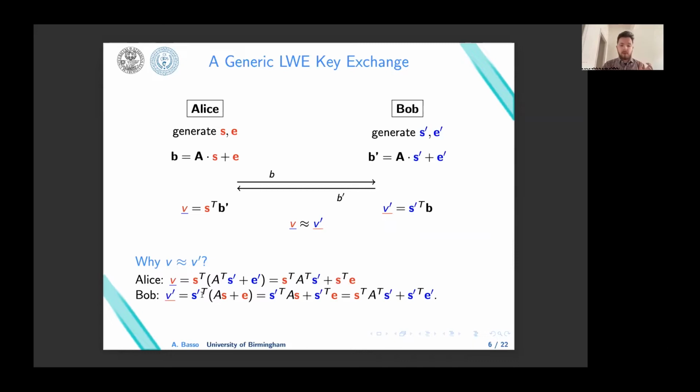Looking at the computation that Bob does, we see that Bob obtains exactly the same value, plus S prime transpose E. This value is also small. So if we ignore some small error at the end, the two values are mostly the same.